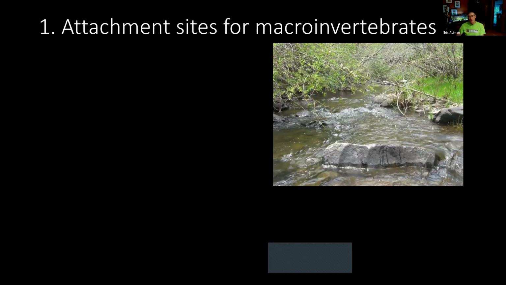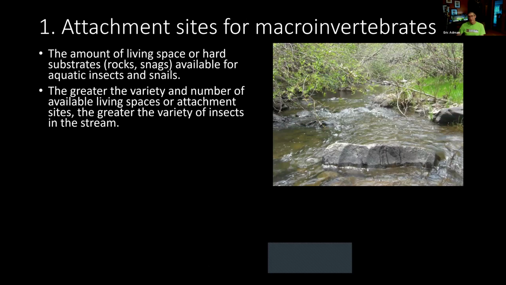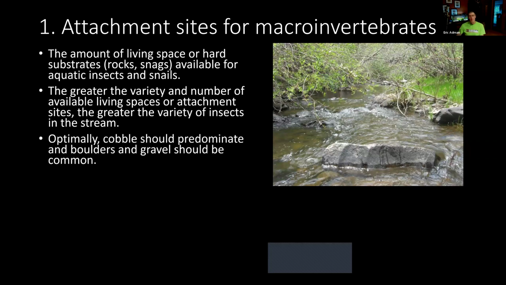The first thing that's looked at on this assessment form is what are called attachment sites for macroinvertebrates. These are just what sort of things are in that stream, whether they're rocks, branches, logs, cobble.